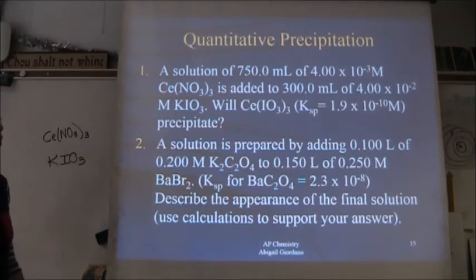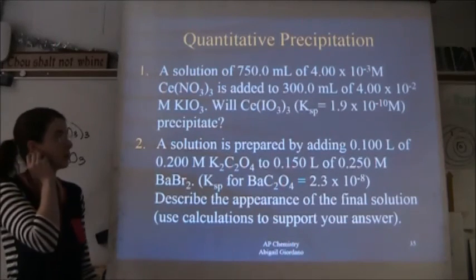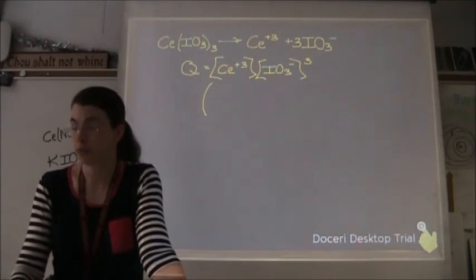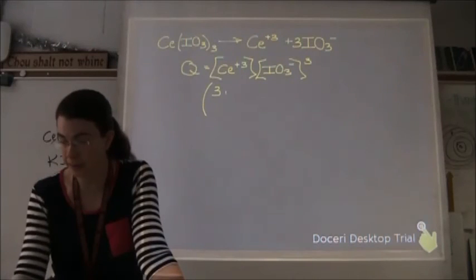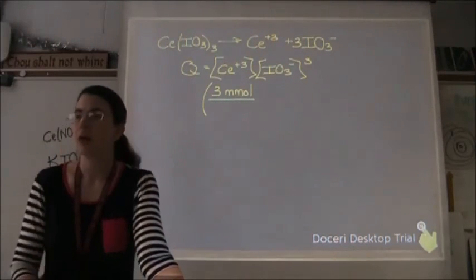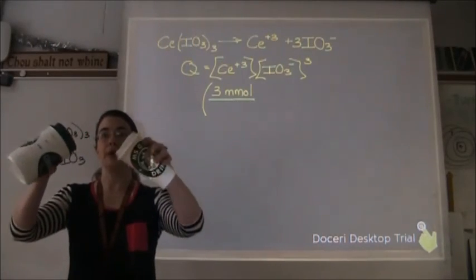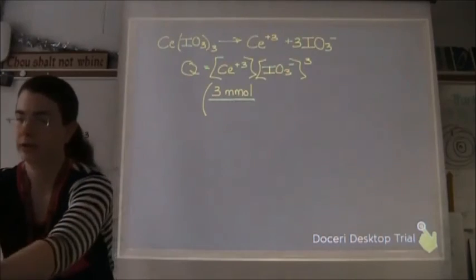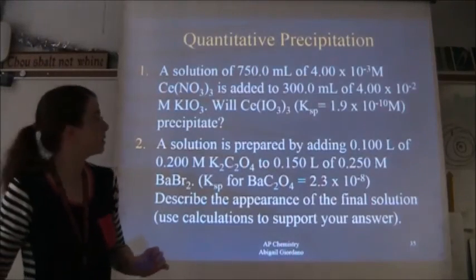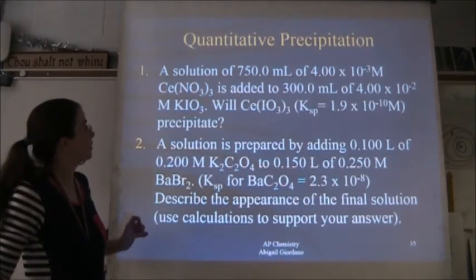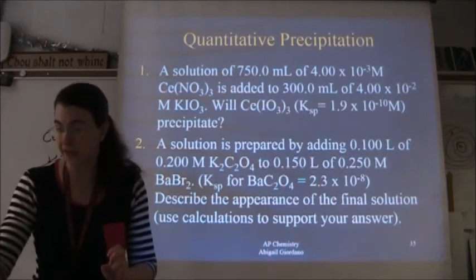You've calculated moles and millimoles all the time. 3 millimoles. Okay, sounds good. Over what volume? Let me come back to the little demo. Over what volume? Total. How many milliliters is that? 1,050?